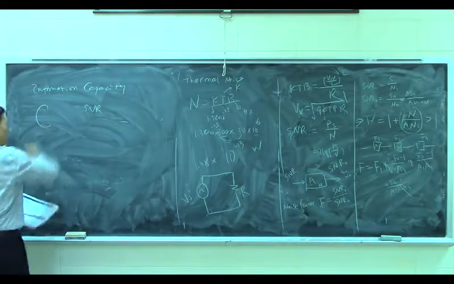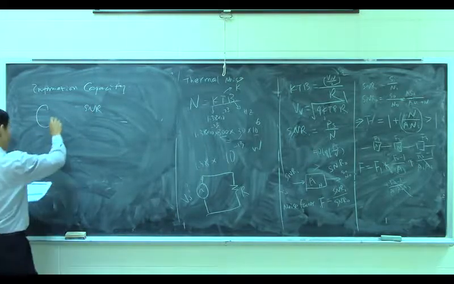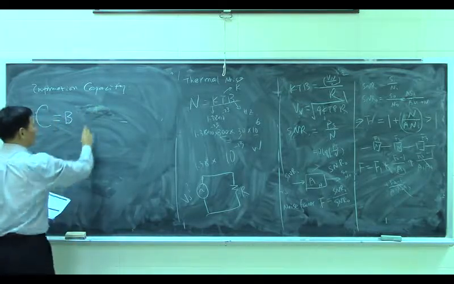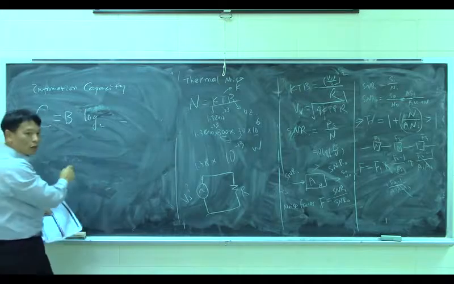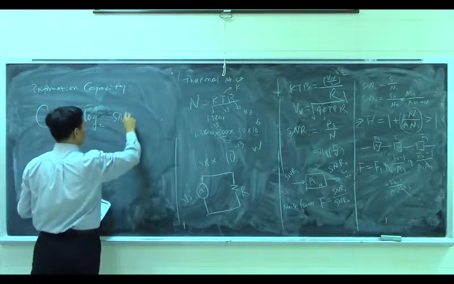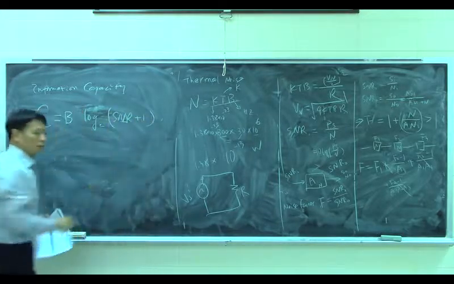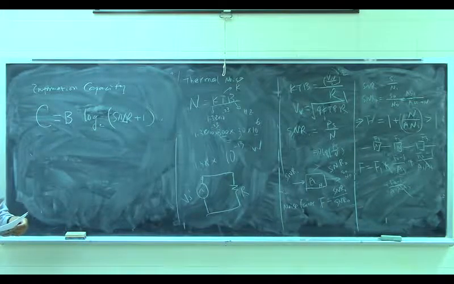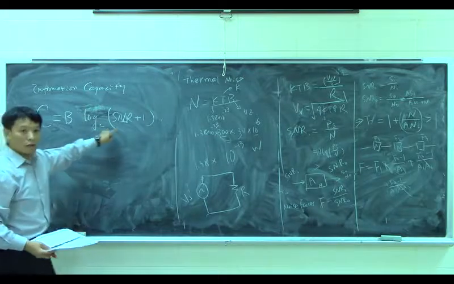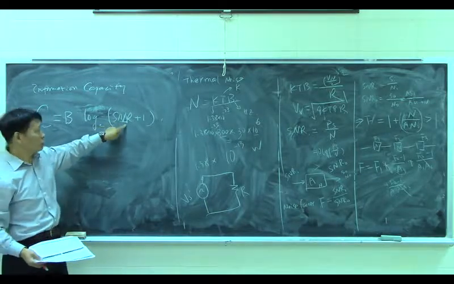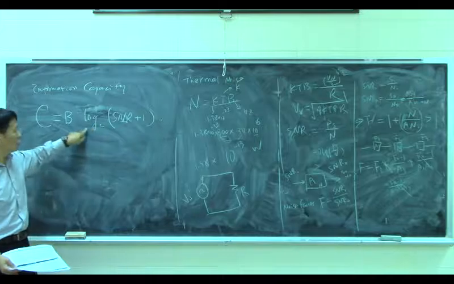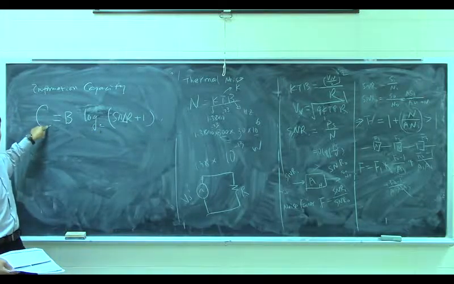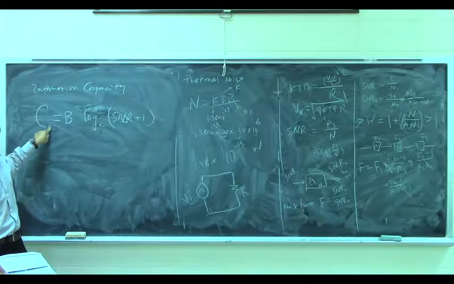The transmission capacity is proportional to the bandwidth times log base 2 of the signal-to-noise ratio plus 1. You take the signal-to-noise ratio, add 1, take the log base 2, then multiply by the bandwidth. That is the maximum information you can transmit.